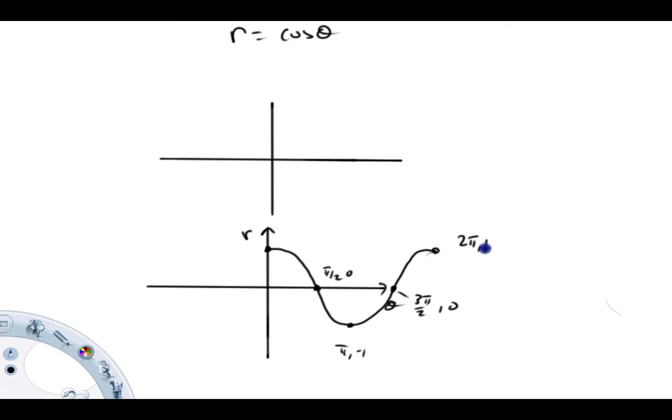All right, so now I'm going to use this curve to sketch a curve in polar for r against theta. We're going to take a look at this curve here. The first point goes through the point 0, 1. In polar coordinates, an angle of 0 is along this axis.